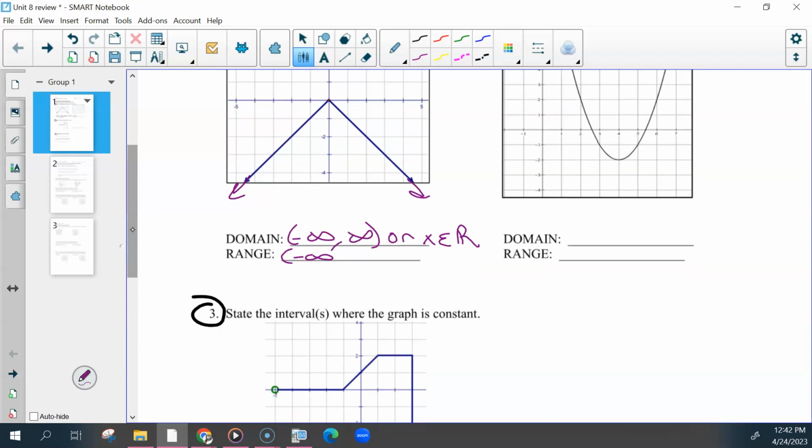For number 2, where would this stop? 0. And because there is a closed dot there, that's going to be a bracket. Square bracket. So if it stopped here and it had endpoints instead of arrows, you would do from there to there, and it would be between 2 numbers instead of the infinities.